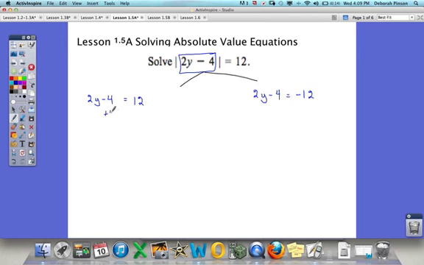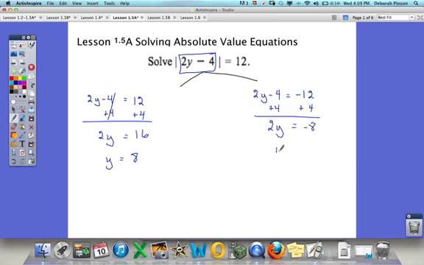I'm going to solve for y in each situation. So y equals 8, and over here, same kind of thing, y equals -4.